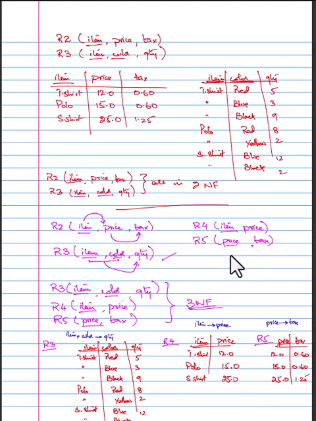Remember one thing, the primary key is only on item, and item and color together. The primary key is not on price, and price is also not a prime attribute because it is not a part of the primary key, but the price attribute is a part of the super key.